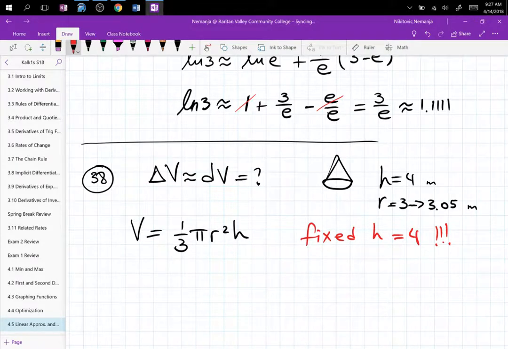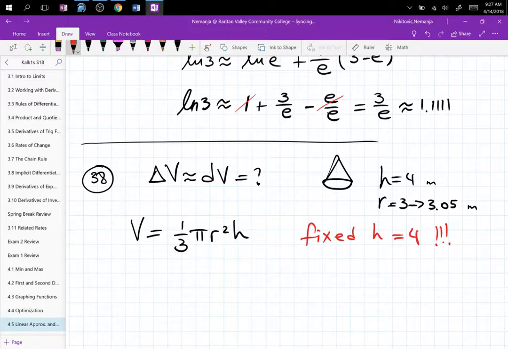That's a Calculus 3 problem. You would do this problem 38 in Calculus 3 again from scratch, and you will have to use partial derivatives and the total differential formula presented in that lecture, because the height will be changing and the radius will be changing.